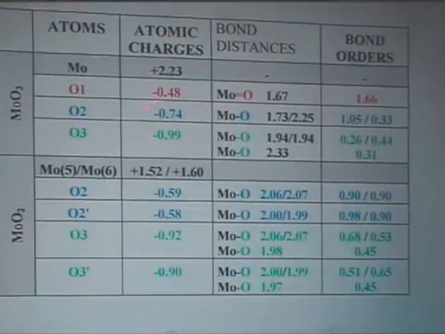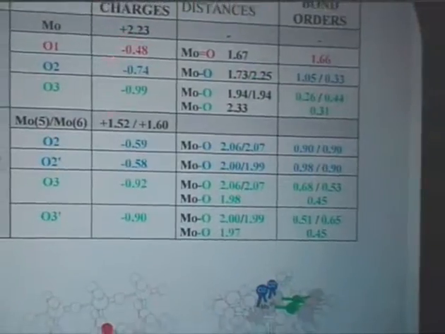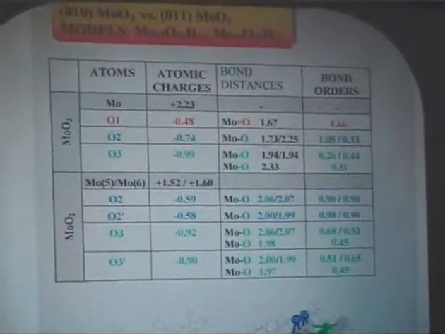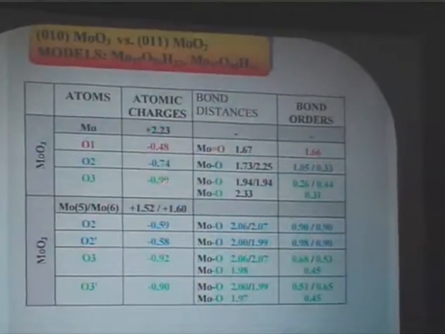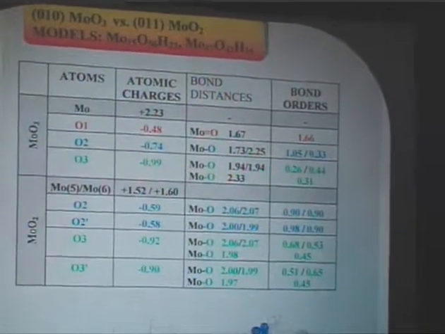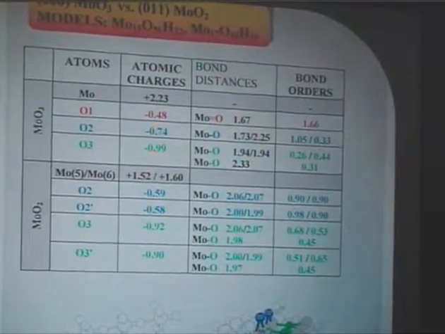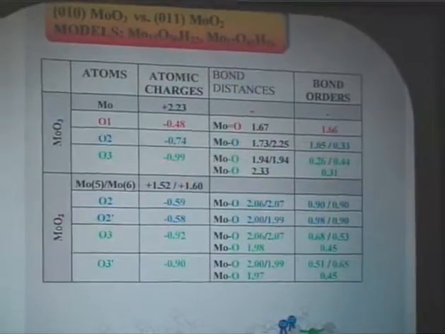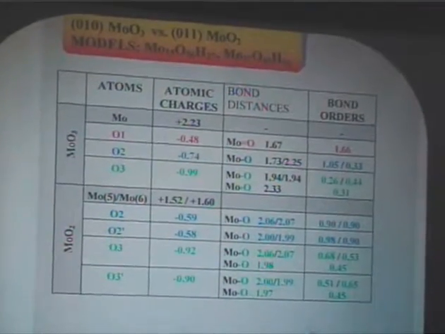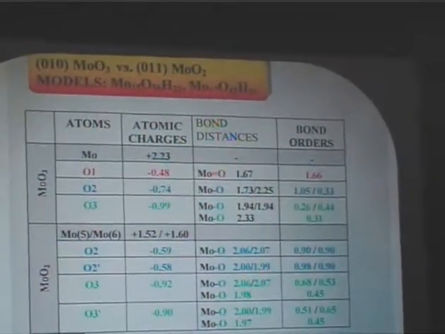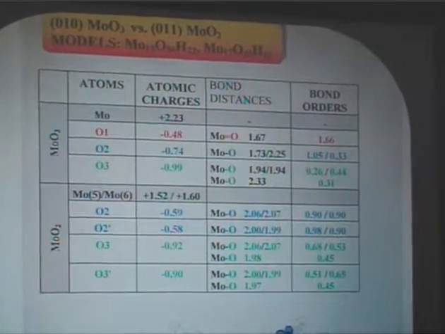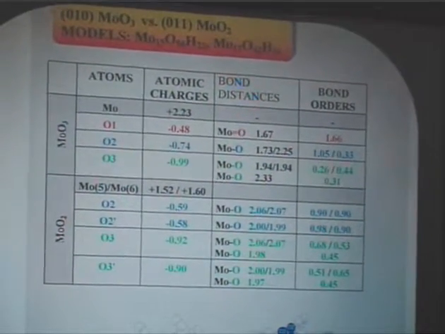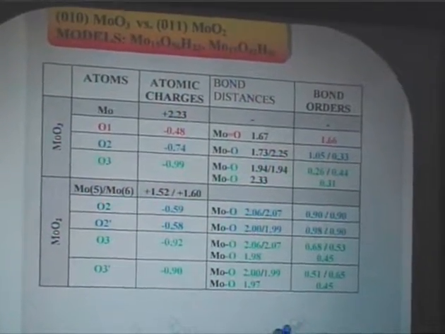The next point, which is also very important, is that differently coordinated oxygens are differently charged. And the charging scales with the coordination number, so the most nucleophilic oxygen is the oxygen which is triply coordinated in both cases. We can also discuss the strength of the bond.